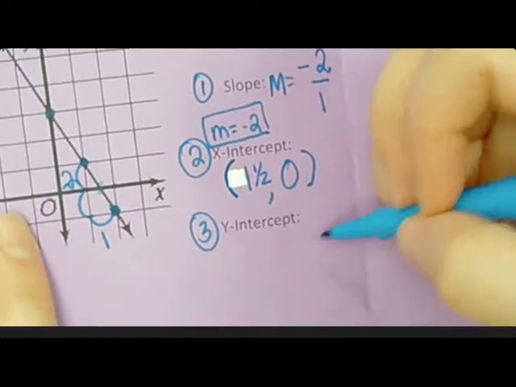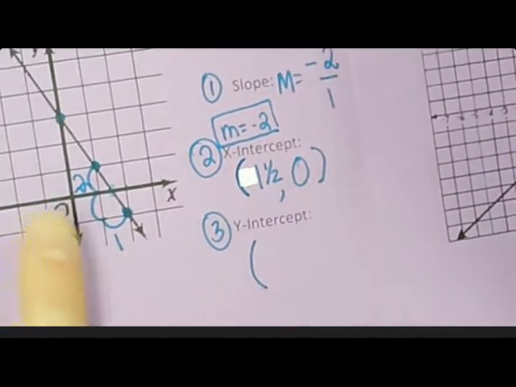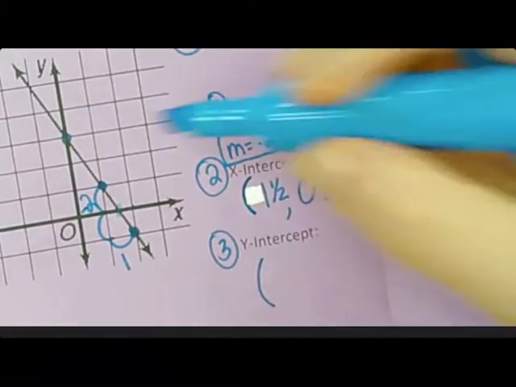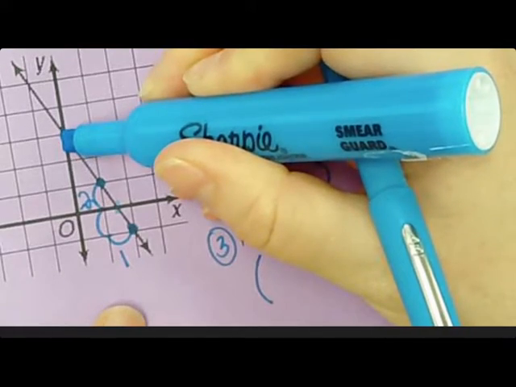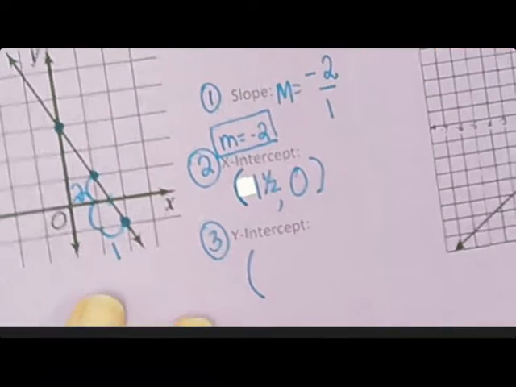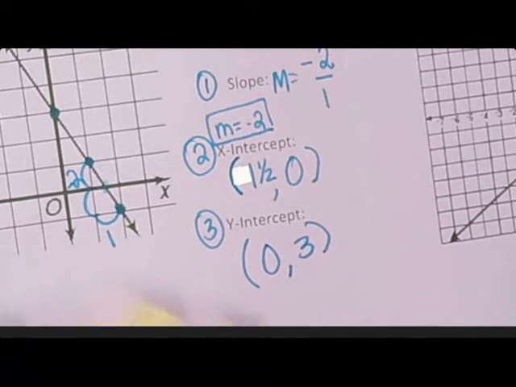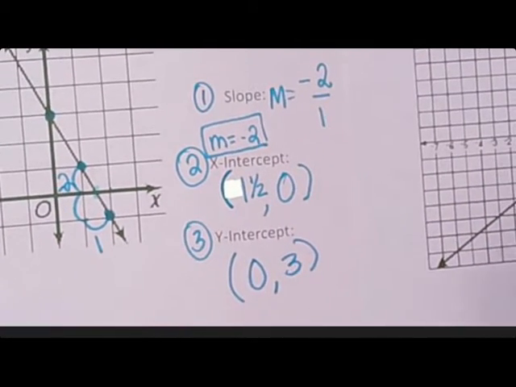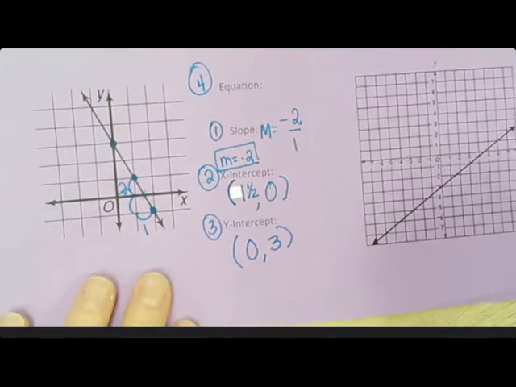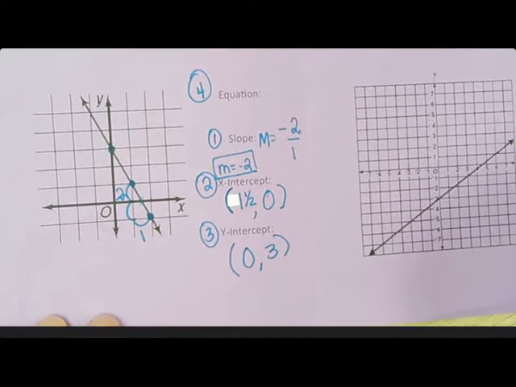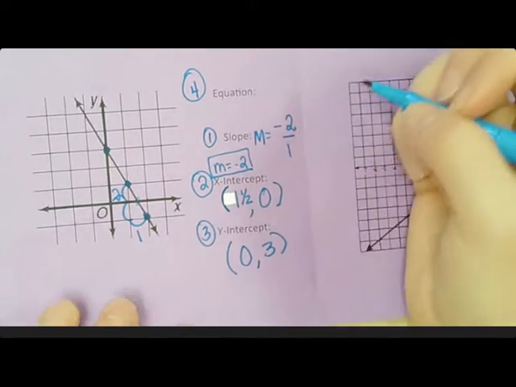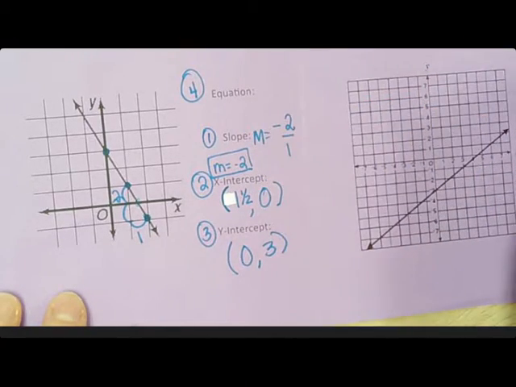All right. What about the y-intercept? Where's it cross on the y-axis? 3, yeah, 3 right here. So 0 for x, 3 for y. And now the equation, y equals mx plus b.